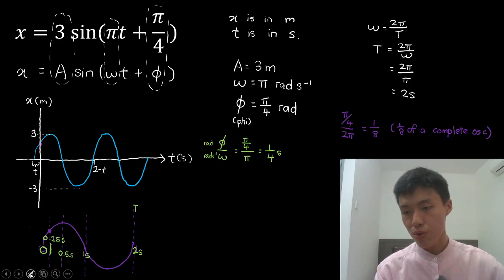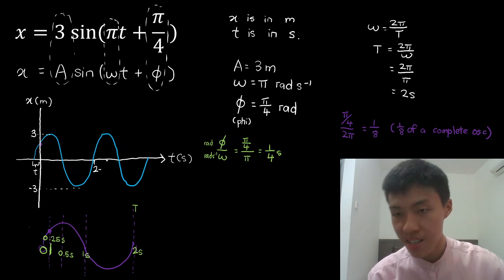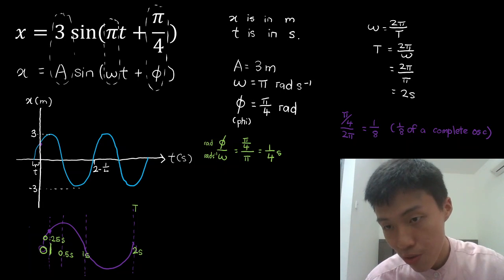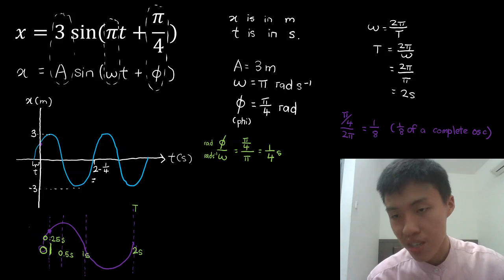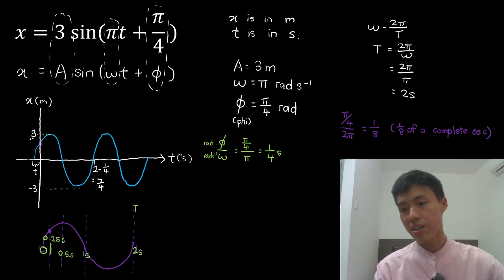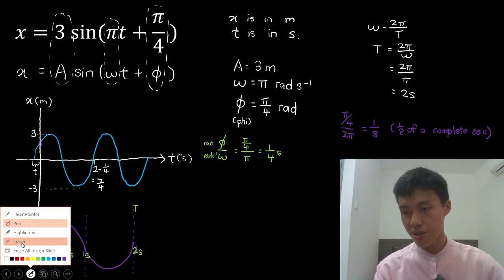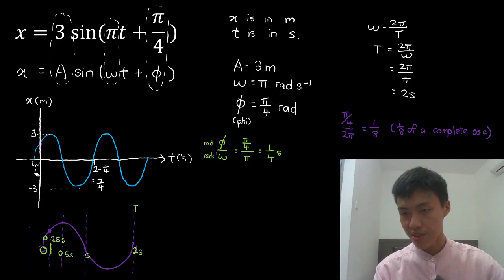So 2 minus 1/4, what will you get? You don't need to write this; I write this just for the sake of being clear. 2 minus 1/4 here, then it will be 7/4. If you wish to label what's on the back, that's good as well.